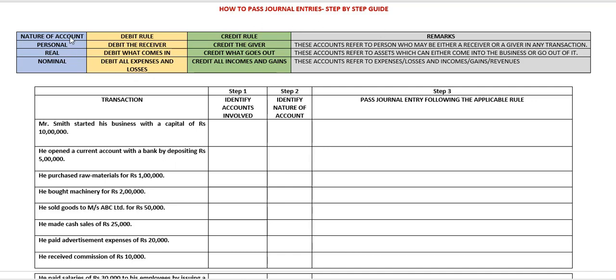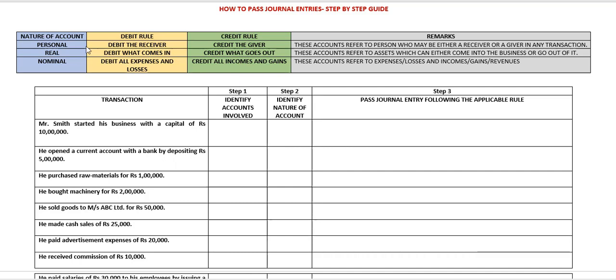So we know that on the basis of nature of accounts, we can divide accounts into three categories. First being personal account, second being real account, and third being nominal account. So as we know that for every transaction there is a debit side and a credit side.